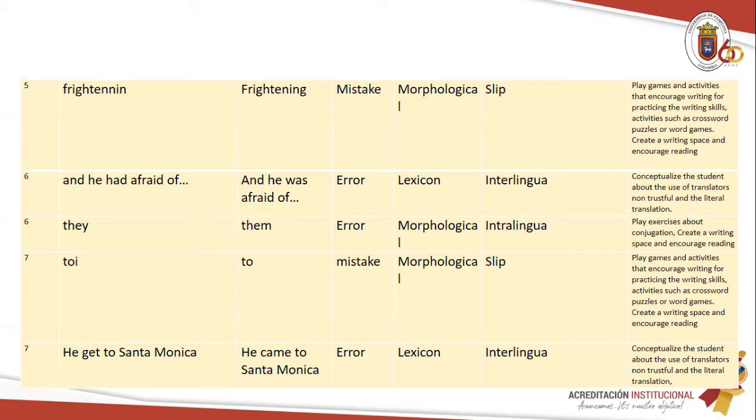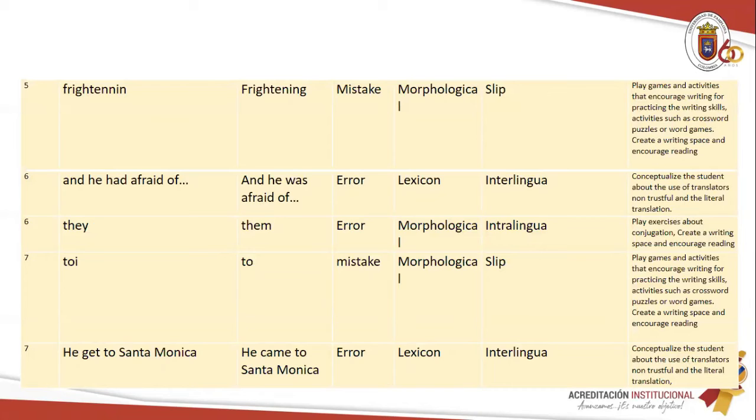Here we also have these translators that are not trustworthy. A remediation for this could be to contextualize for them that the use of translators such as Google Translator is not trustworthy because they do a literal translation. As an example, we have "he had afraid of."